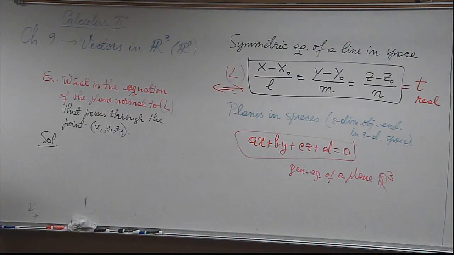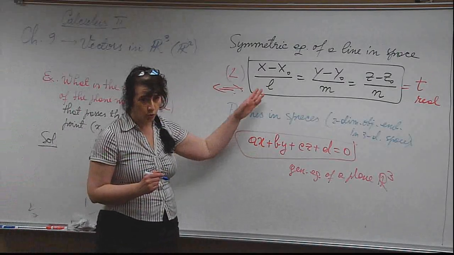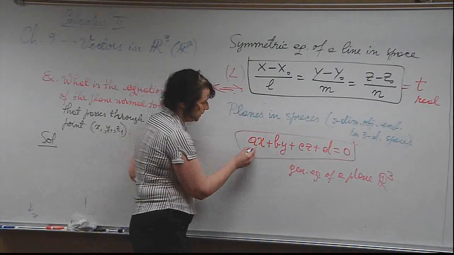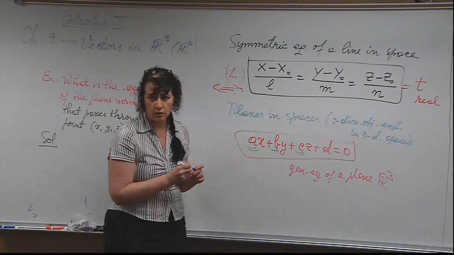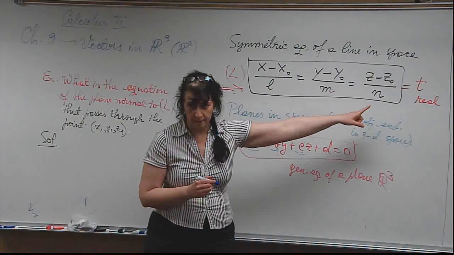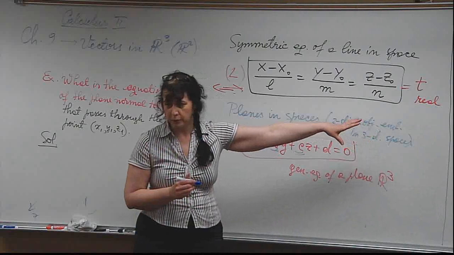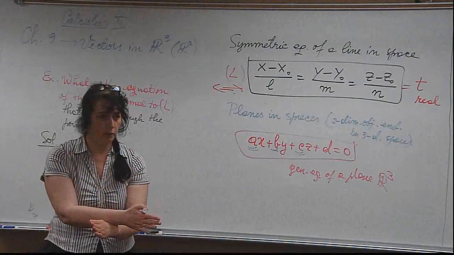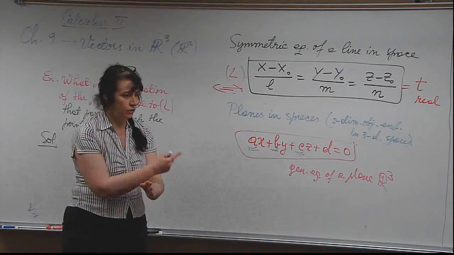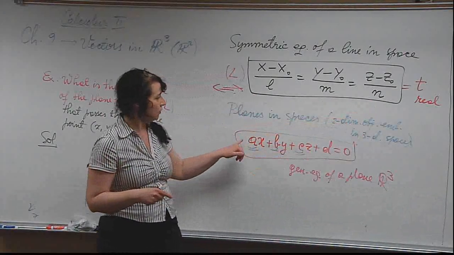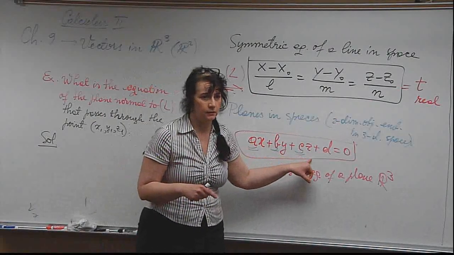If this is normal to the line, you pick up A, B, C exactly from the element of the line. Remember, this was an essential piece of information. So the relationship between a line and its normal plane is that the direction of the line element gives the coefficients A, B, C of the plane.